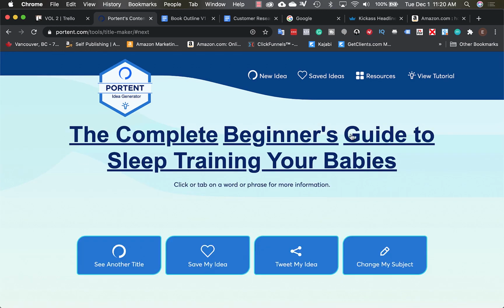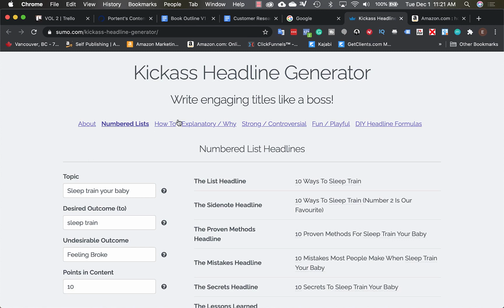The Complete Beginner's Guide to Sleep Training Your Babies. That's a really basic and common title, but I don't think we saw any titles like that in this particular niche, so that actually might work. Another one that we can use is this one. This has a couple different variations of what you can do. It has numbered lists, how-to, explanatory, strong, controversial, fun, playful, and DIY, right?